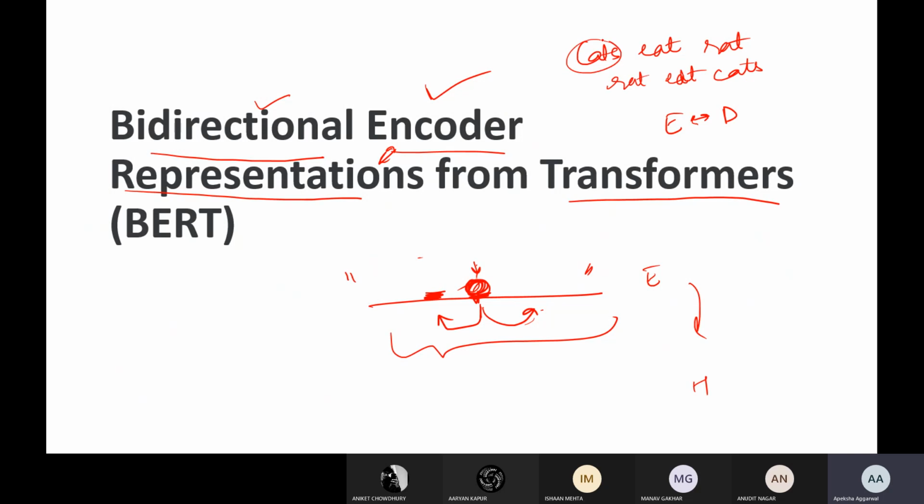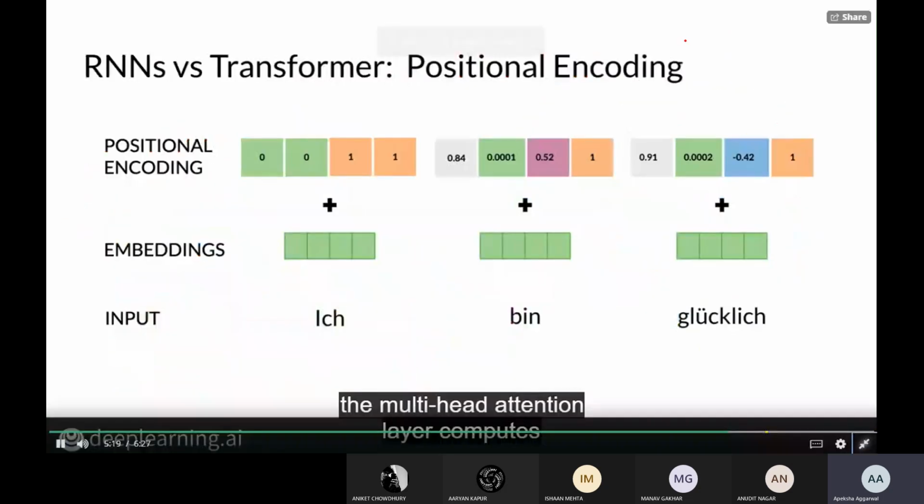So whenever I'm generating a word embedding for each and every word, in addition to my word embedding vector, I will add a positional embedding vector, and that will store the location. That will tell me the position of that word with respect to the next word and previous words. Okay, so position is important. So positional encoding is nothing but, in addition to embeddings, I will also store the position encoding of each and every word.